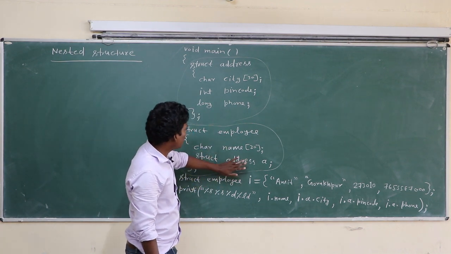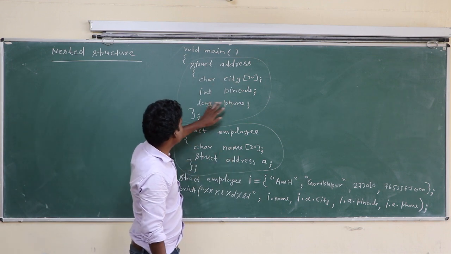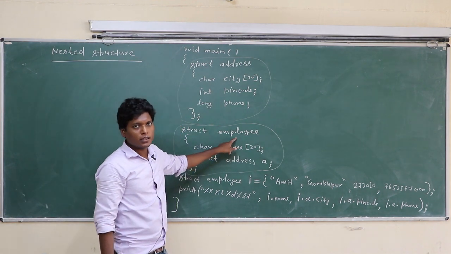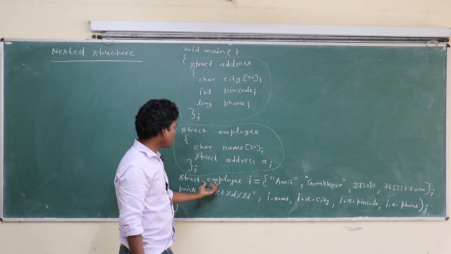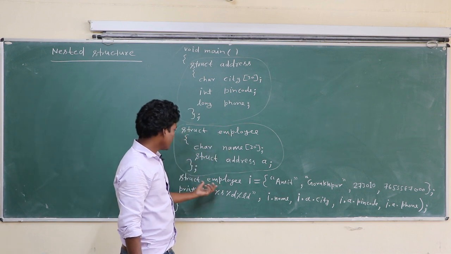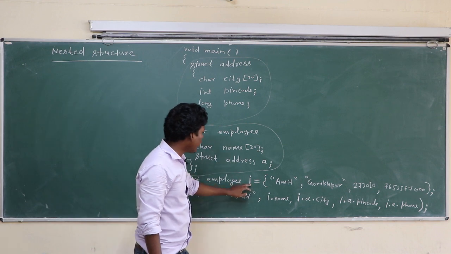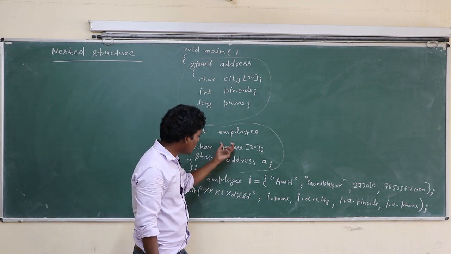So we can access these things by the variable of this structure. Here struct employee is a data type of this structure, and I is a variable of this data type or this structure.